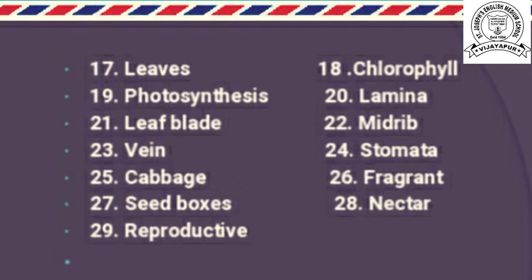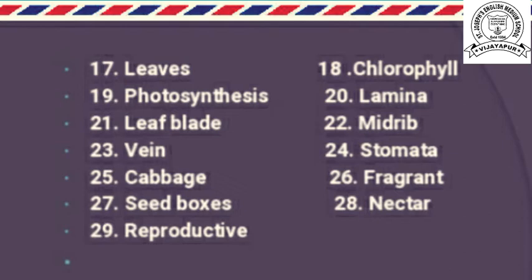Stomata are present, children, on the lower side of the leaves, and they are the breathing organ. 25th, cabbage. Cabbage is a vegetable, and it is an example of leaves that store food.